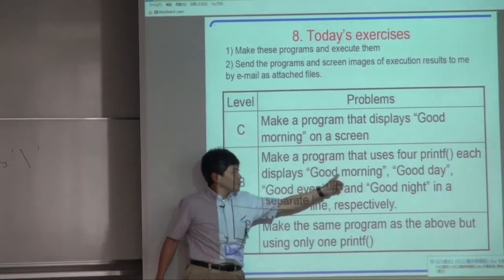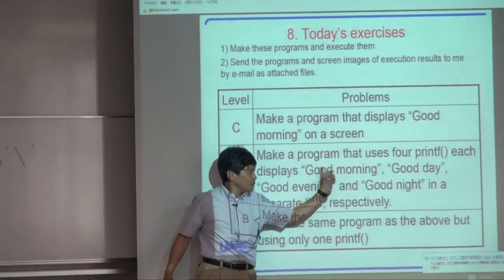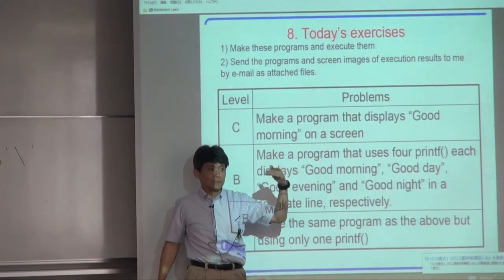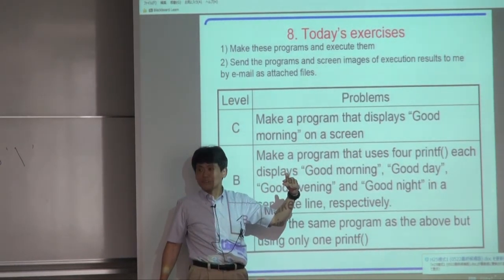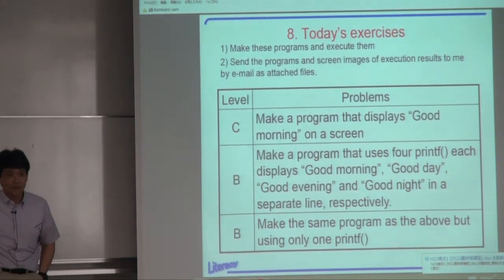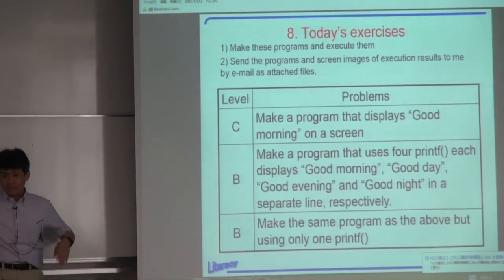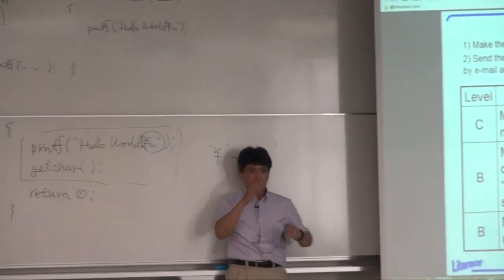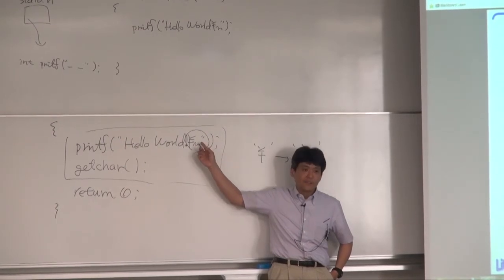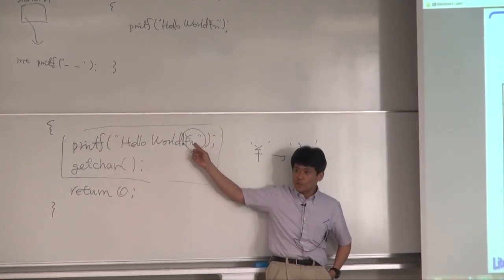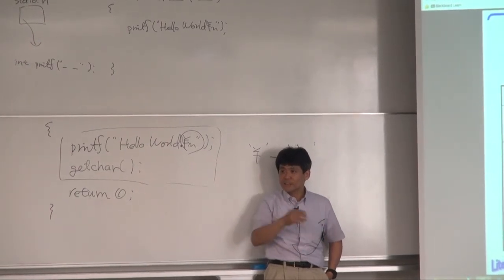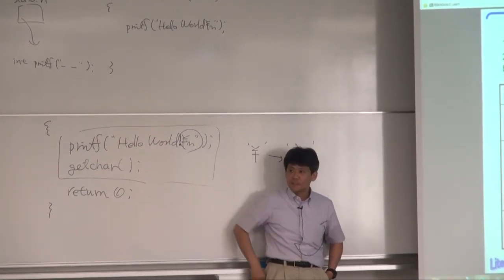Then these separated strings will appear on different lines. Can you understand? This character is used as a separator and newline character.